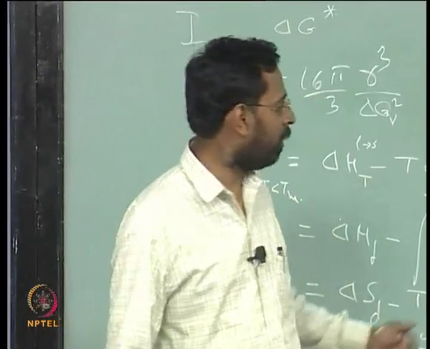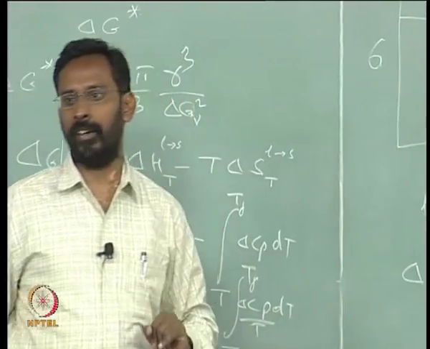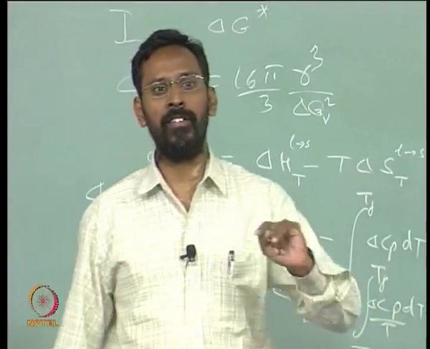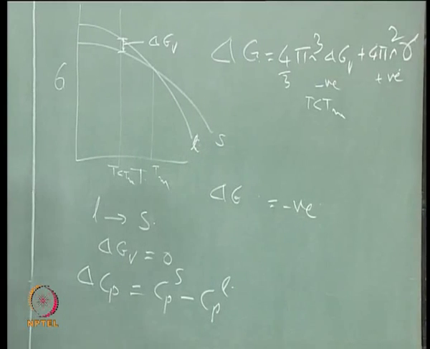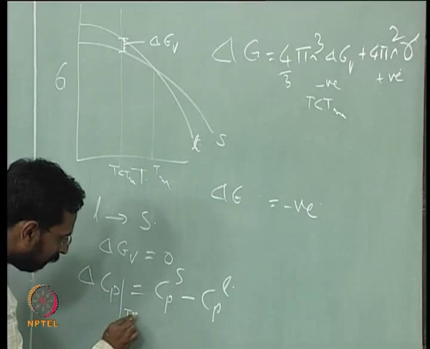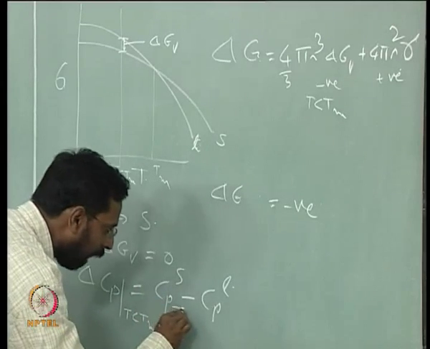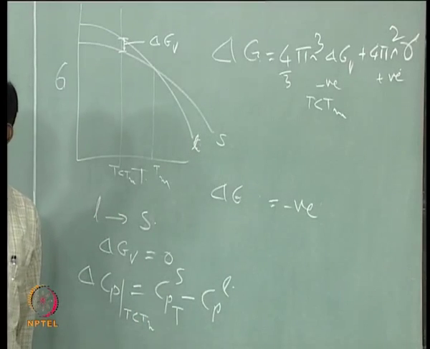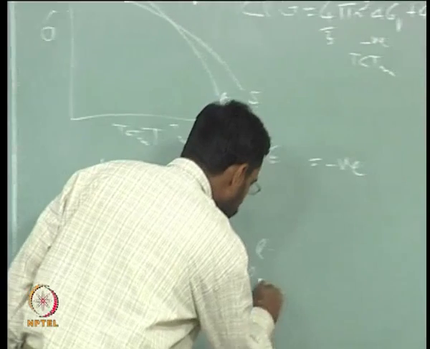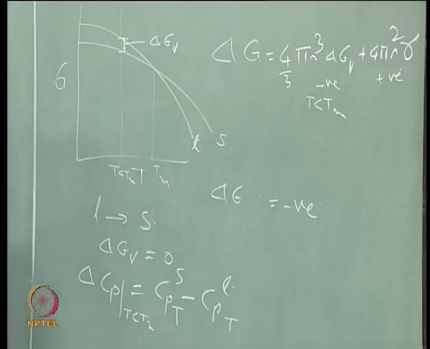The product for us is the solid, the reactant is the liquid. So, Cp of solid minus Cp of liquid, and if I want delta Cp at temperature T less than Tm, I need to know the Cp of solid at temperature T and the Cp of liquid at temperature T, then I can find out delta Cp.